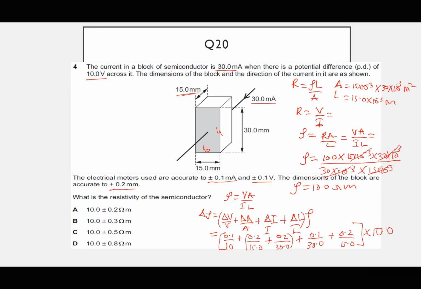So when I press the calculator, that simplifies to 0.046666. When I multiply it by 10, it becomes 0.4667. So the absolute uncertainty in rho is 0.467. To one significant figure, it is approximately 0.5. Therefore, my correct answer will actually be C. I hope that was tiring, but it is easy.